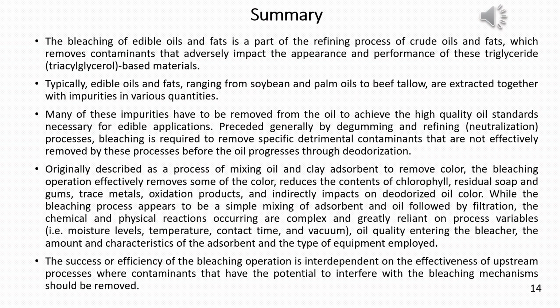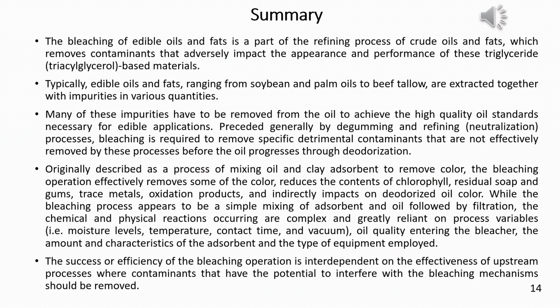In the second point, you can see that typically edible oils and fats, ranging from soybean and palm oil to edible beef tallow, are extracted together with impurities in various quantities. So the oils can be extracted from plant sources or animal sources.